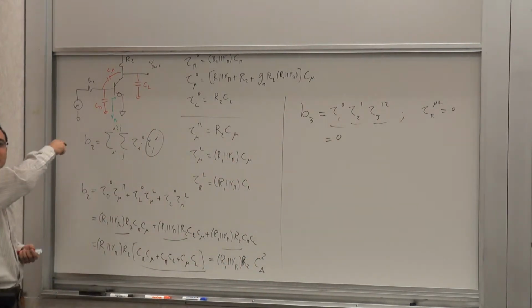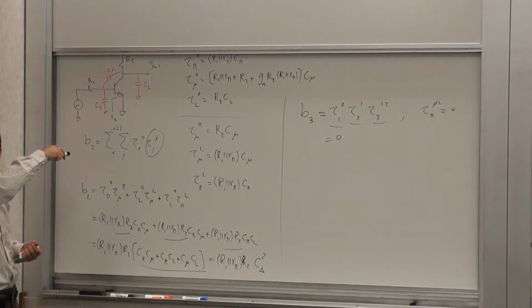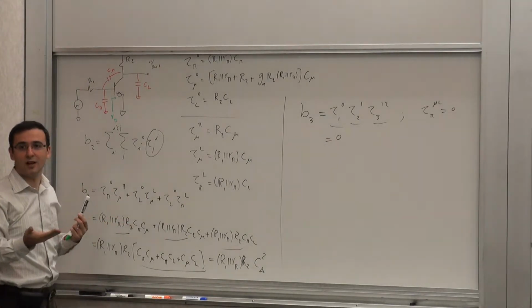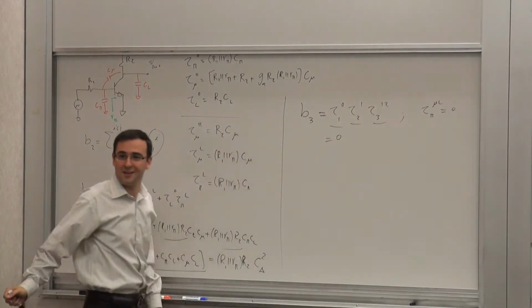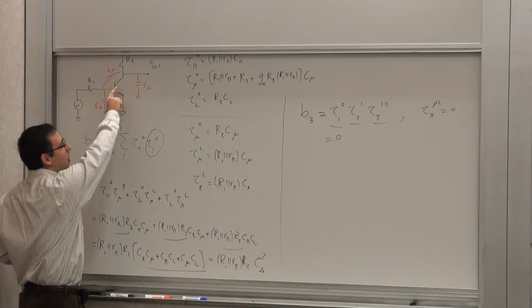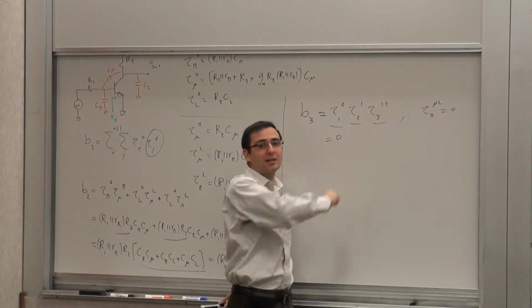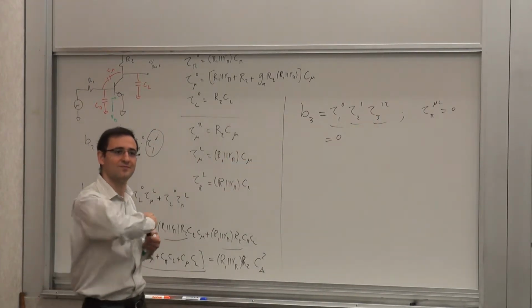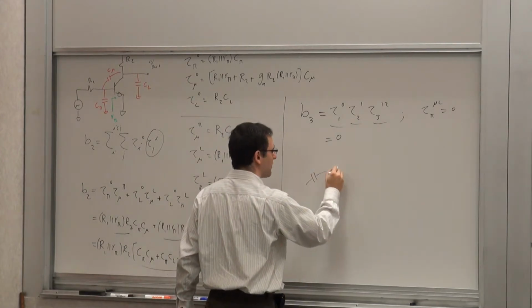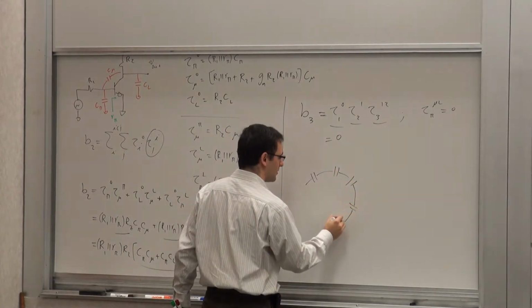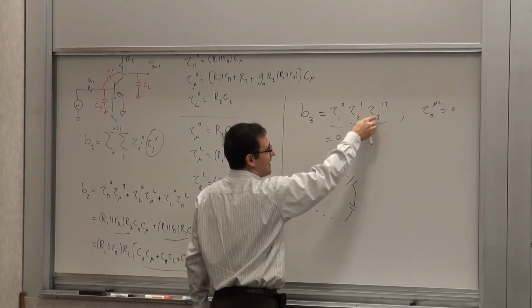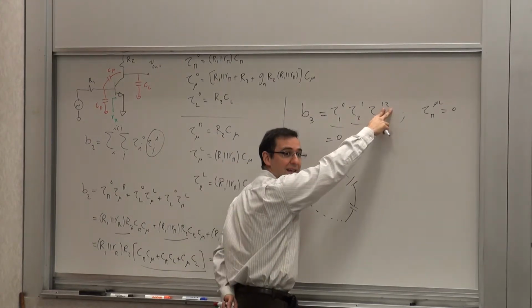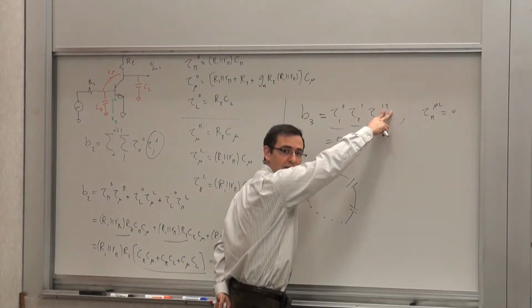This is how the capacitive loop comes into play. Now you can see why the capacitive loop does what it does. Because if you have a capacitive loop, the last term will have, you are basically shorting n minus 1 capacitances in that loop. So if you have a capacitive loop somewhere, then to get to this term, this is one of the indices and this is the remaining n minus 1 for an n-order system.